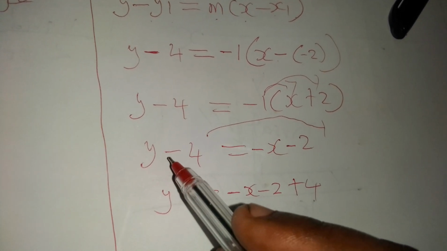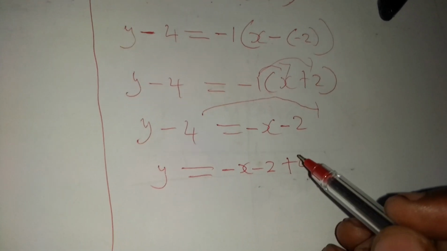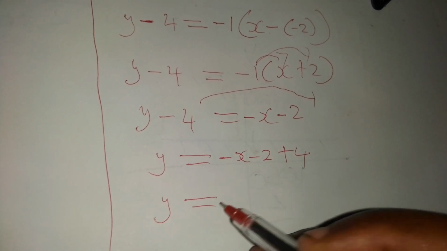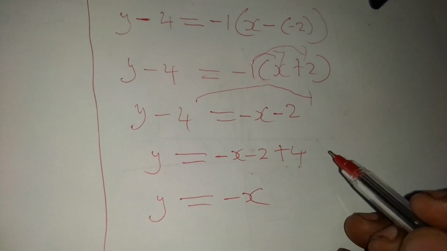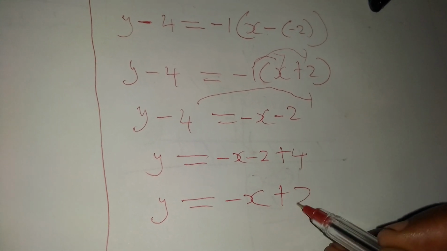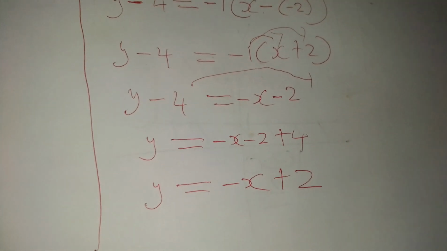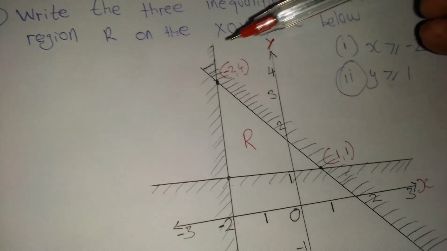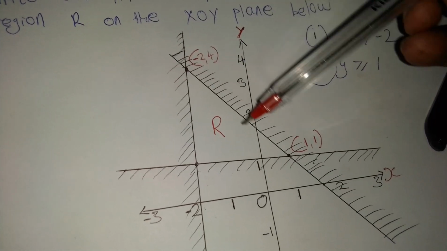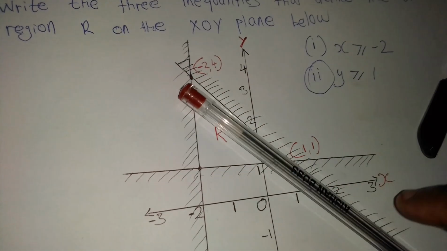It is negative. When it crosses the equal sign, it becomes positive. Then y equals -x. So -2 plus 4 is +2. Now, this is the equation of the straight line for this slope. This slope here. That is the equation.